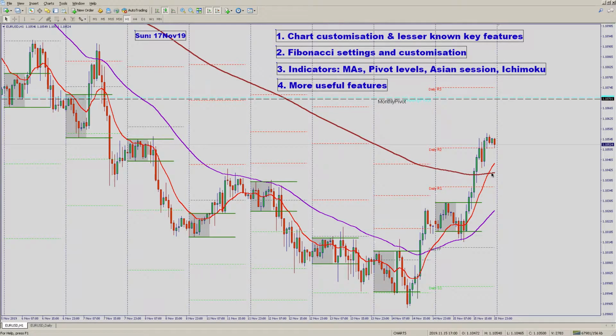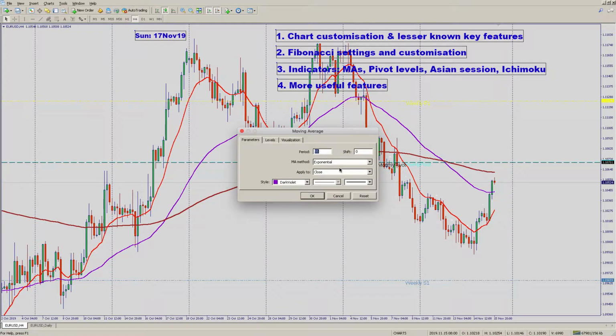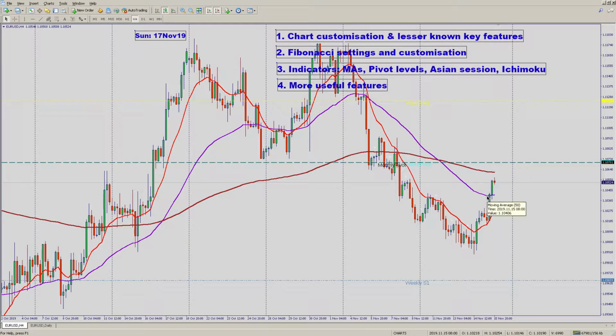Right? Note where price crosses the 200 EMA here on the 1 hour. If we go to the 4 hour time frame, that's where price has crossed. This happens to be 55, but if we change this to 50, it will be exactly the same as what the 200 EMA was on the 1 hour.